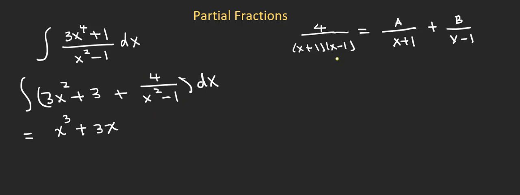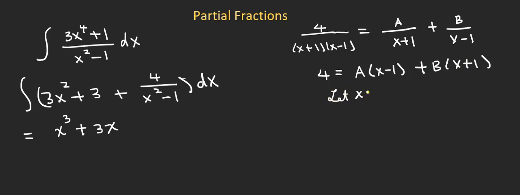So let's do decomposition here. I already factored x squared minus 1. So multiplying by the LCD, you end up getting 4 is a times x minus 1 plus b times x plus 1. So you let x equals 1, you're going to get 4 equals 2b.